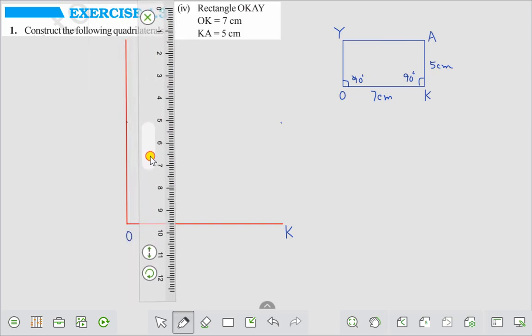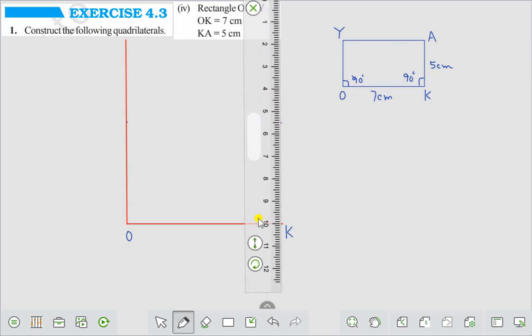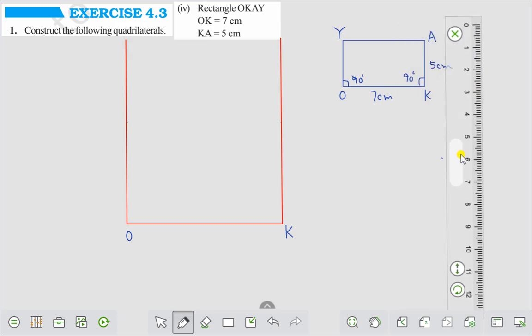With the help of this, again make an angle of 90 degrees at point K. Right? You see, we got OK as 7 centimeter.